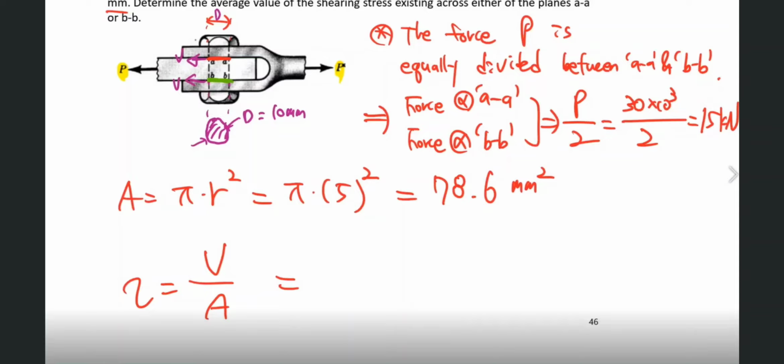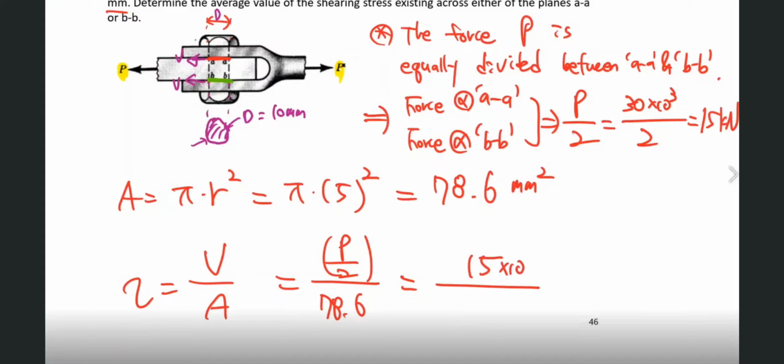So this should be P over 2 over A, which is 15 times 10 to the 3 over 78.6, and this is eventually about 191 megapascal.